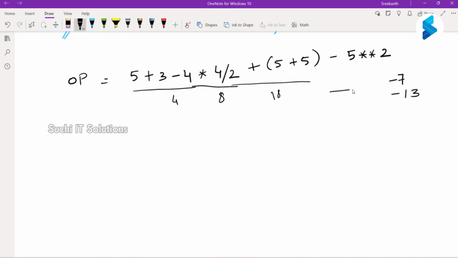Minus 7. Okay, wonderful. Now let us go back to the basic mathematics fundamentals. Do you all remember this? BODMAS. What does this rule say? The one in the brackets is first.